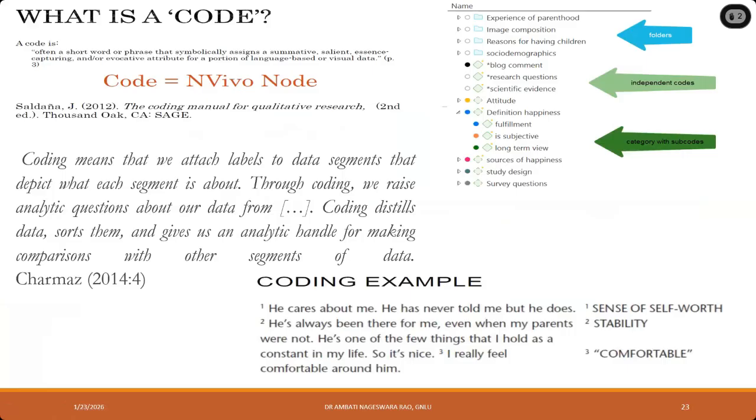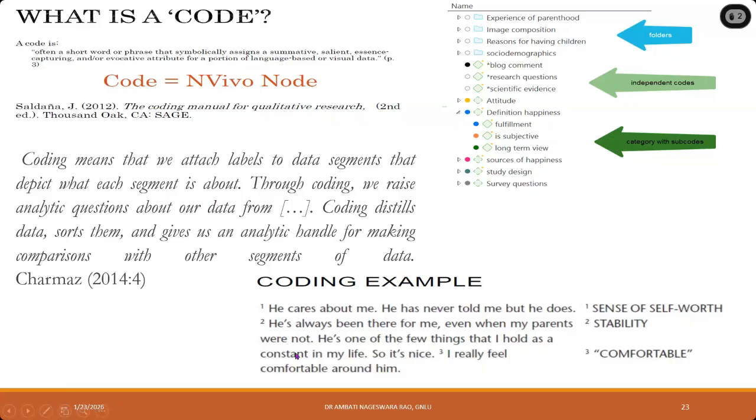It all depends on our understanding, our analytical skills, our language exposure. But the question comes, who is correct? How do you decide it? You decide whether this particular code is able to justify and represent the entire sentence, whether it is able to convey what this particular sentence is all about. That is the most important aspect.